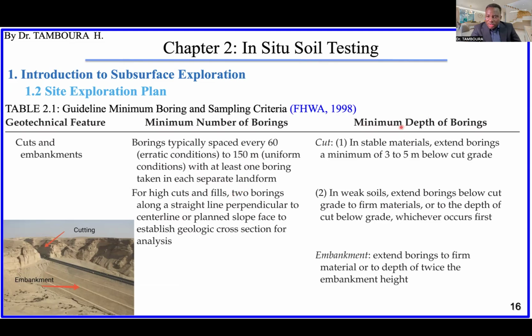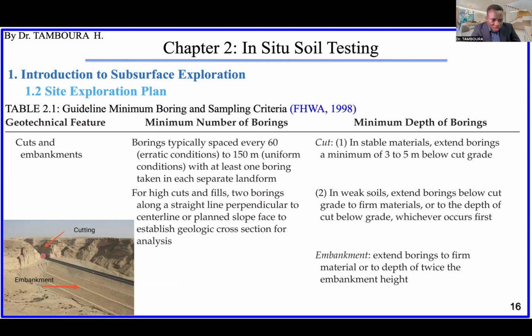Okay, let's go now to the minimum depth of boring. For cuts, the first thing is we have to do the boring into stable material. Okay, the cut is here, for example. Extend borings a minimum of 3 to 5 meters below the cut grade.